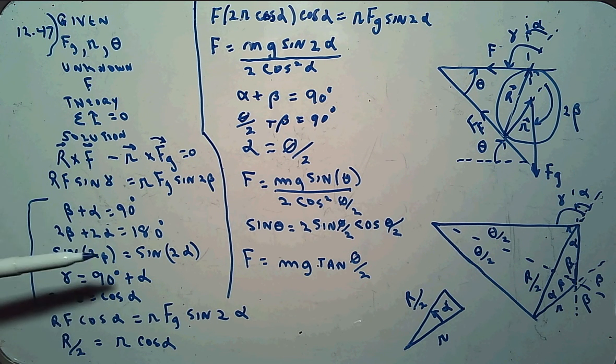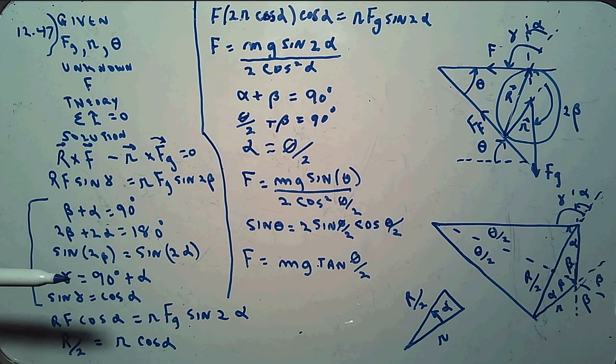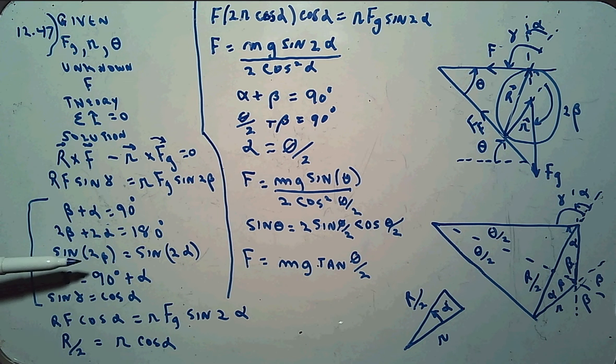So when I substitute alpha and beta in here, R times F sine of gamma, which is cosine alpha, equals r times FG sine of 2 alpha. I've replaced the sine of 2 beta with the sine of 2 alpha, so everything now is in terms of alpha.